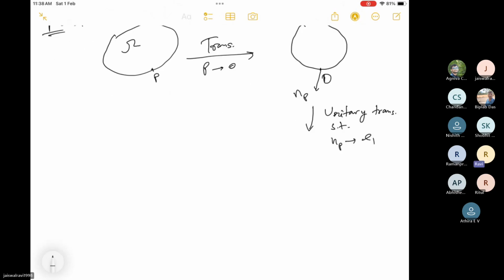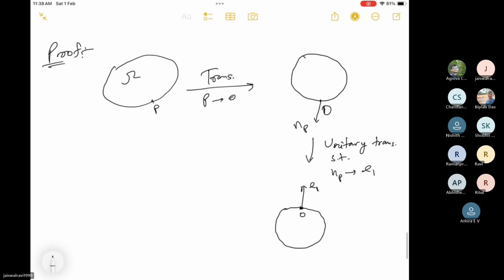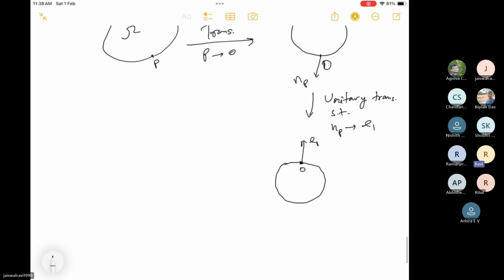Then this omega will look like this: there is 0 and NP, which is E1. NP is the outward normal. And this unitary transformation is also a kind of biholomorphism.